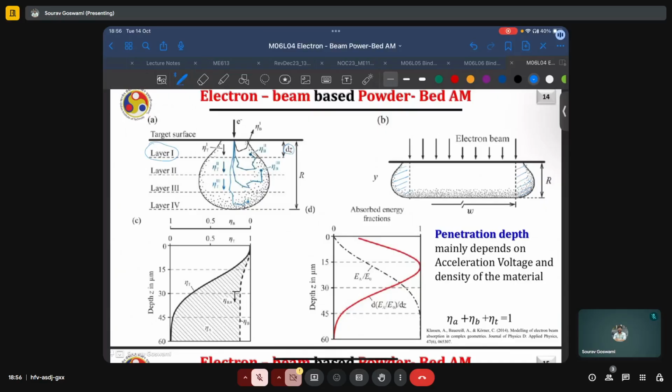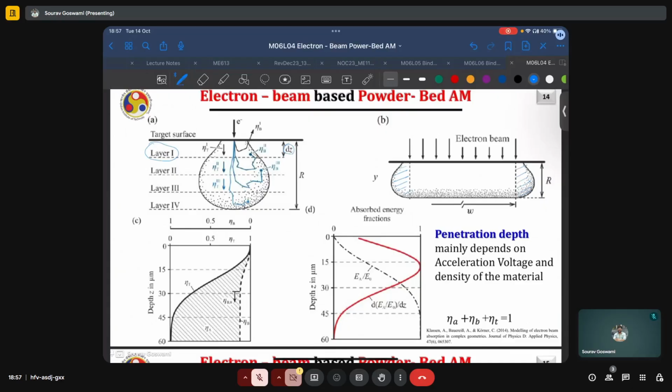Of the fraction of electrons which get transmitted through this first layer, some may again get elastically backscattered and get embedded in the first layer, now denoted by eta b2, whereas a fraction of it may again transmit, denoted as eta t2, and this process continues.